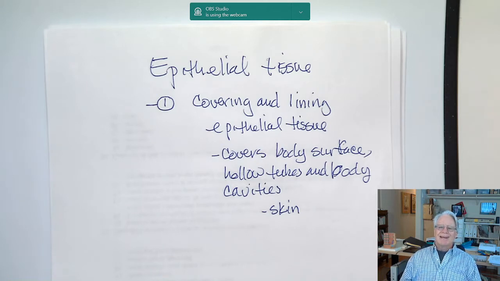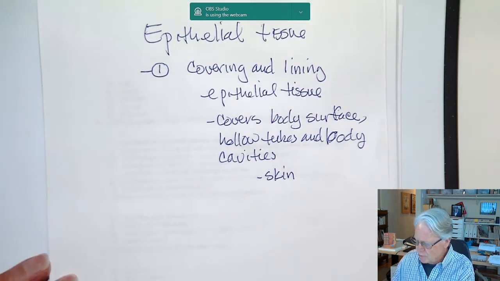The stomach is lined with epithelial tissue. That's a body cavity. So any body cavity, any body surface, more than likely, and I can't think of a surface that wouldn't be, is going to be covered with epithelial tissue. So covering and lining epithelium is one type.